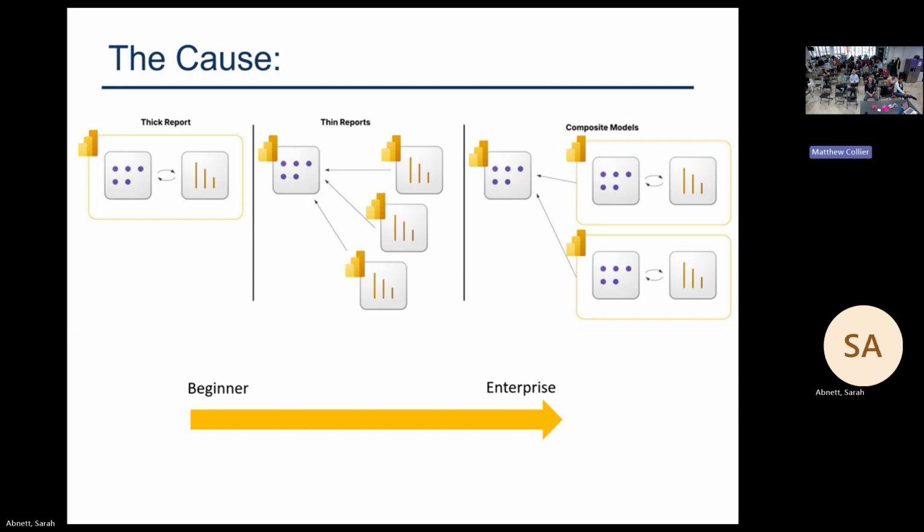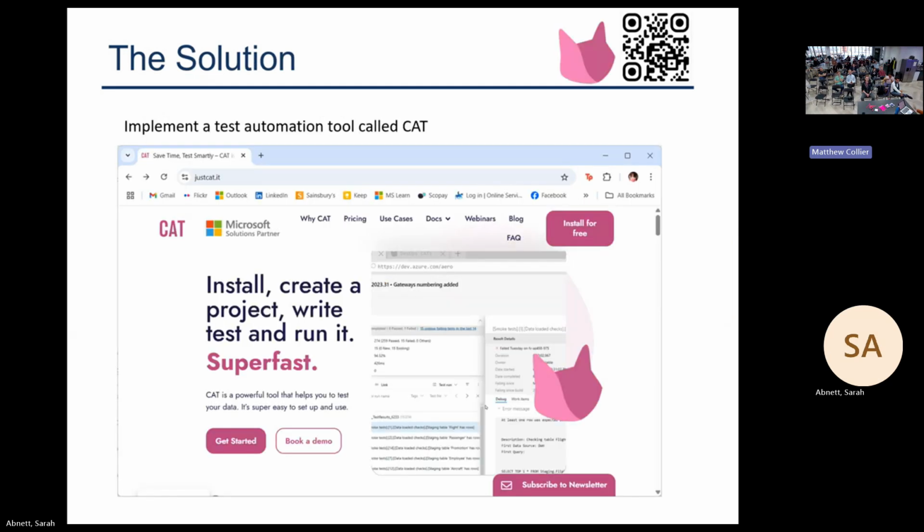So here we have more downstream reports, and they are being deployed separately to the semantic models which are being deployed by IT. And what happens sometimes is IT have to make a change, and they don't really tell anyone. Or you just end up having to make a change thinking, well, probably no one will notice. But someone has noticed, and it's the user. So that's how you can end up with these problems. And all you need is a column to be renamed and your visuals are grayed out.